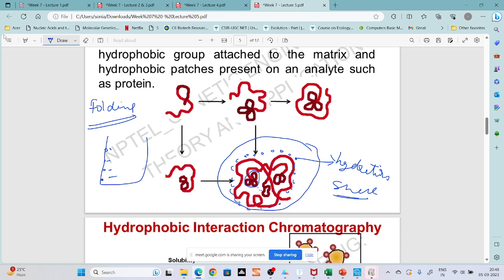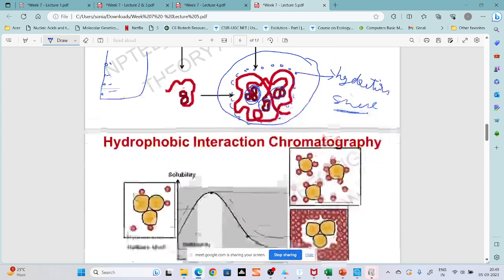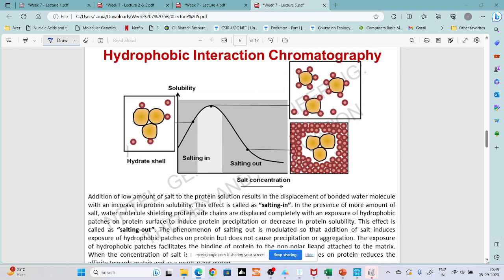The first step is to break this hydration shell. Once the hydration shell is broken, it is easier to take out these hydrophobic amino acids. For breaking the hydration shell, we add salt.